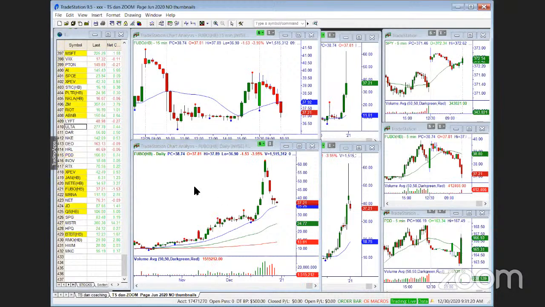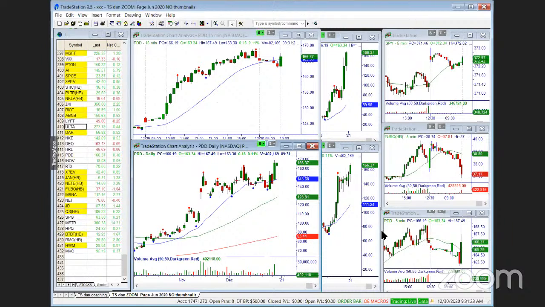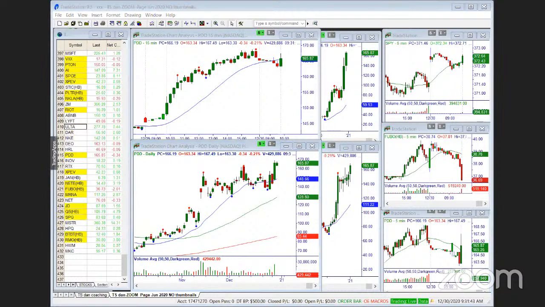Here, PDD, bottom right thumbnail here. I like this for a put spread. And then if it closed like this, then tomorrow to buy the high as a 1, 2, 3. But McGraw, that's a put spread candidate. We can do the 140s for next week. But they're too spready.